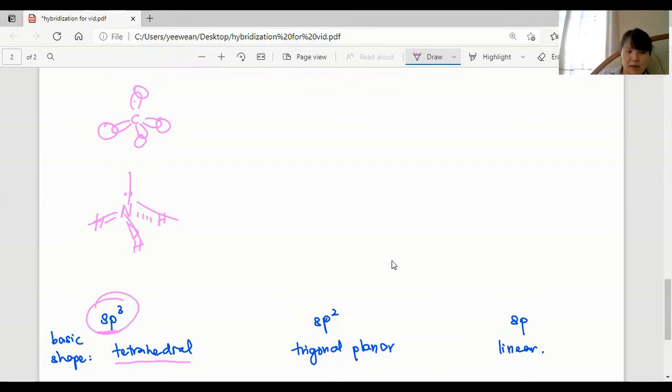So it's also sp3. Don't forget that. So the shape goes something like this. It's just that nothing's overlapping up there, but this is still sp3 towards the s of the hydrogen. There's no overlap only up here because it's a lone pair.